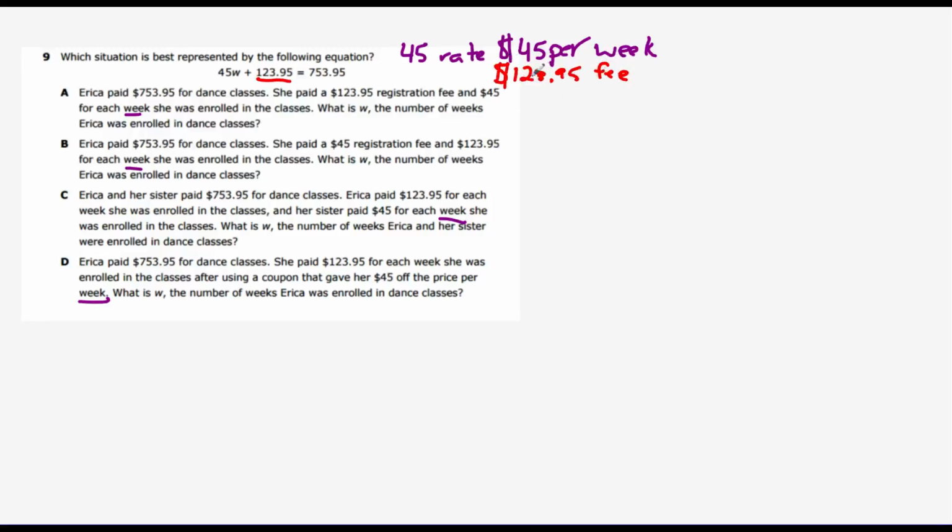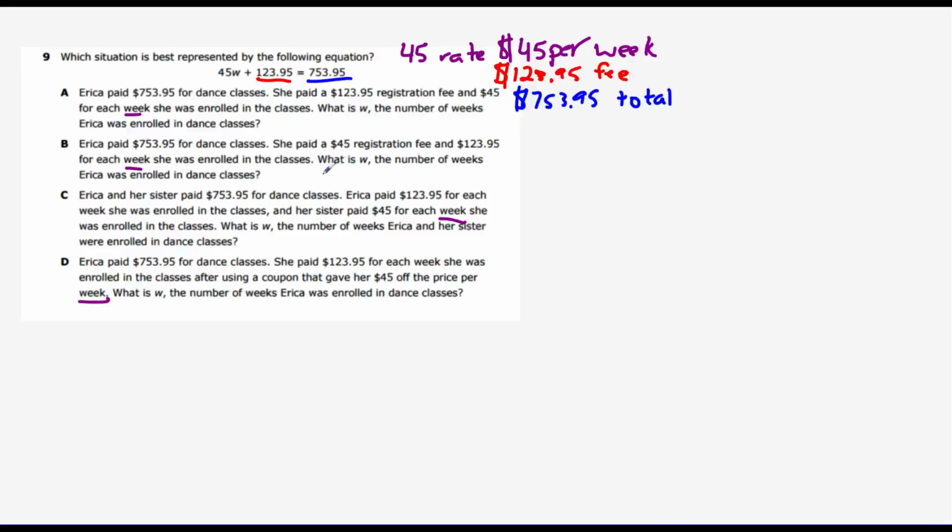Like signing up, she pays this. Not every week, just the first time. And then equals, since we're talking about money being charged, this should be our total. So we're looking for 753.95 to be our total.